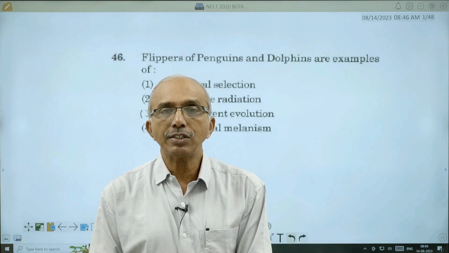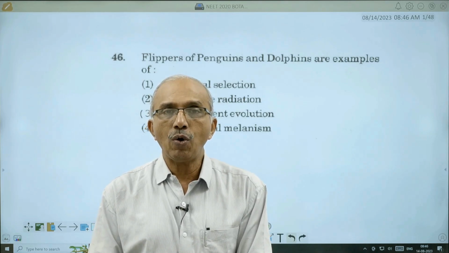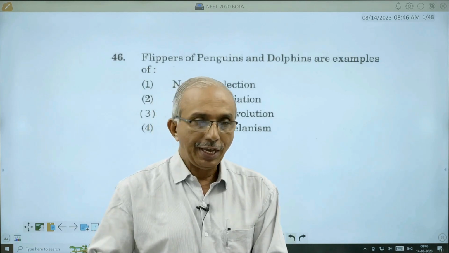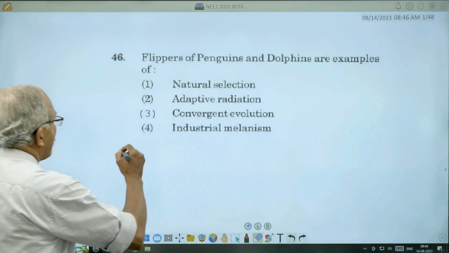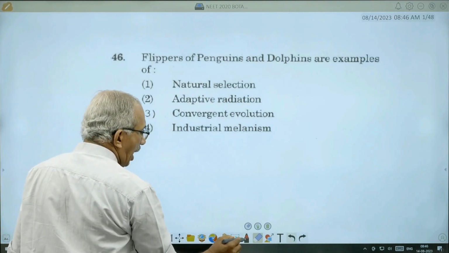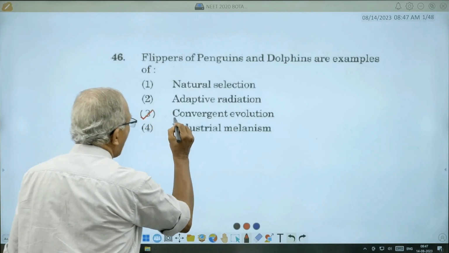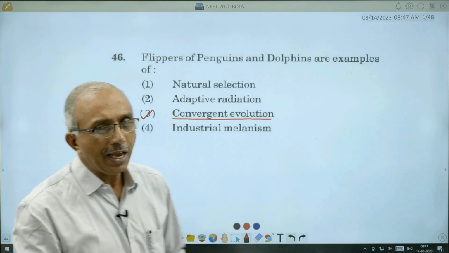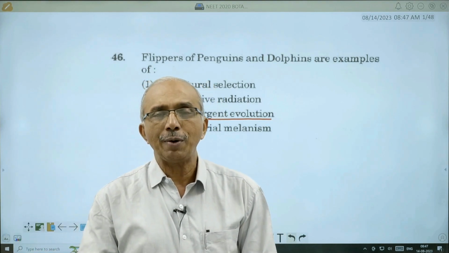Such organs are called analogous organs. Analogous organs indicate convergent evolution.